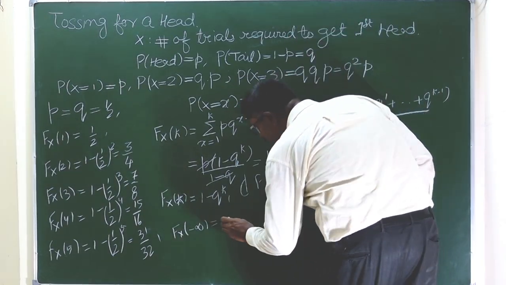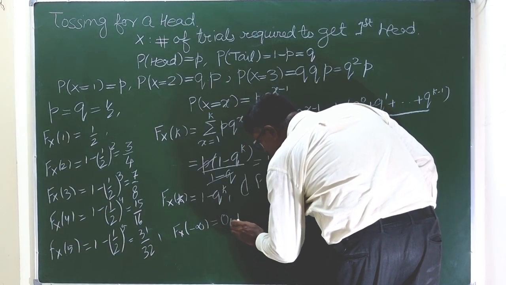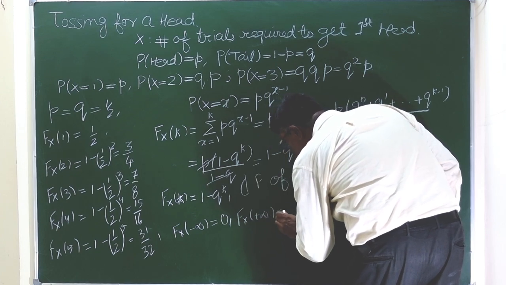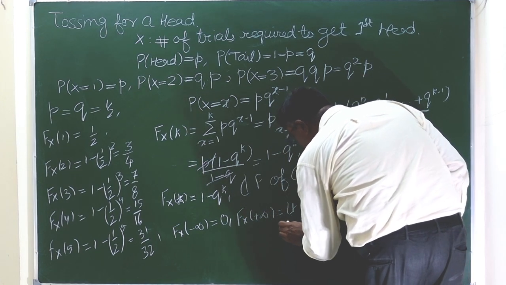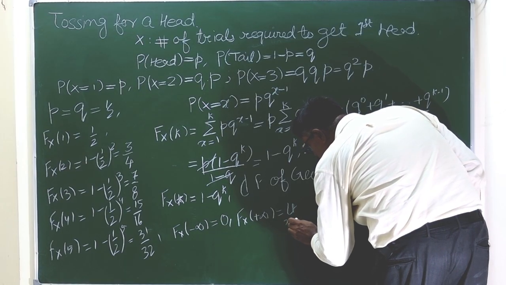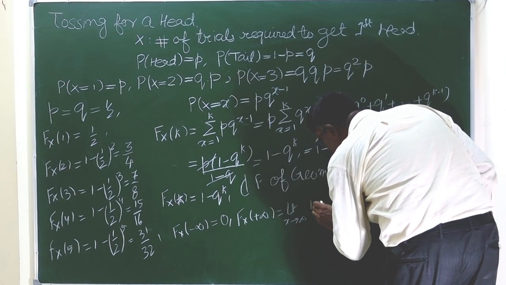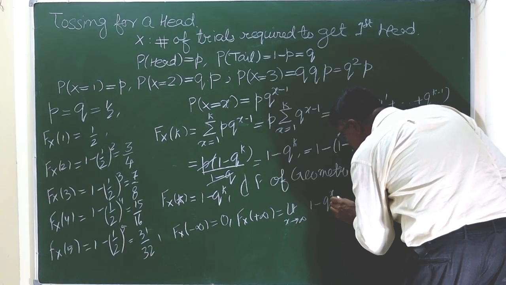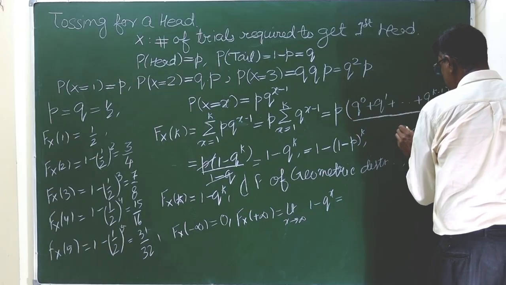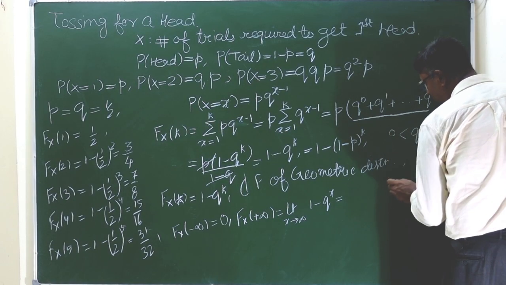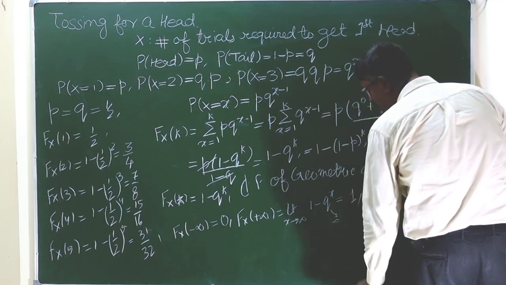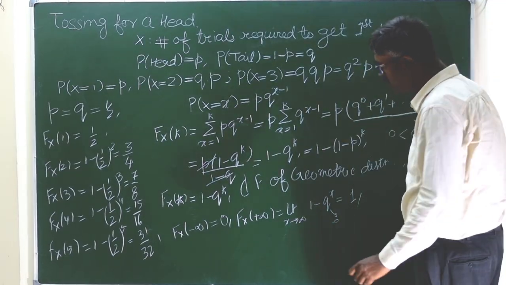F of x at plus infinity is the limit as x tends to infinity of 1 minus q to the power x. Since q is lying between 0 and 1, q to the power k will be 0. So we are getting F of x at infinity as 1.